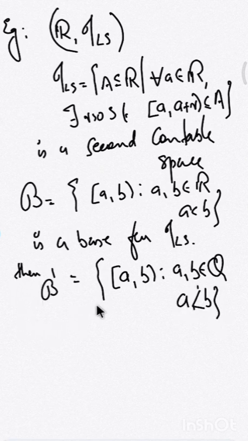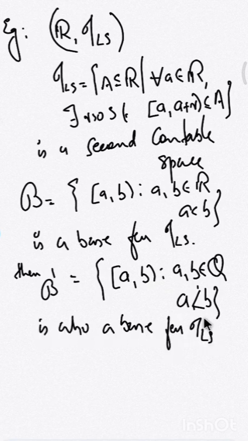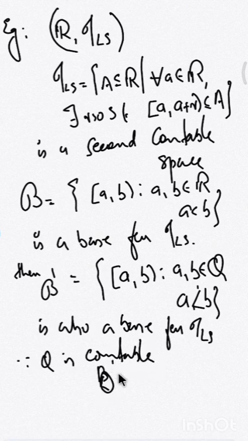Then B dash is also a base for Tau LS. When a and b vary over Q, this collection is equivalent to Q cross Q. Since Q is countable, Q cross Q is countable, so the collection B dash is countable. So this topology has a countable base, therefore it is a second countable space.